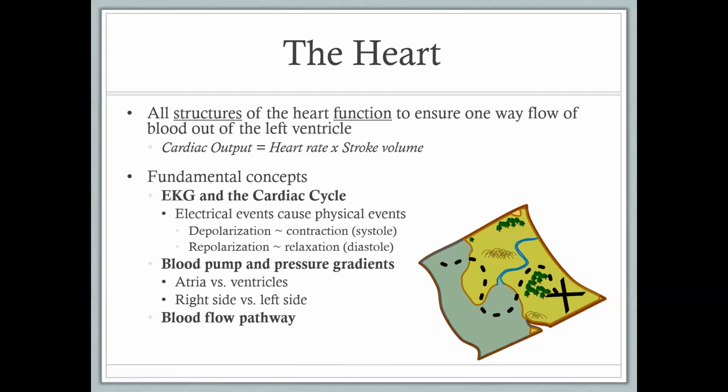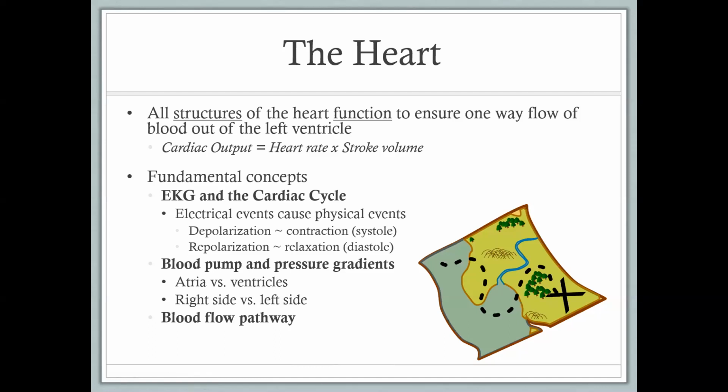Heart rate is a frequency, stroke volume obviously is a volume, it is an amount. So cardiac output is an amount per unit time. Specifically, cardiac output is the volume of blood, measured in either liters or milliliters, the heart pumps in 1 minute. So when you do heart rate times stroke volume, you get a measurement called cardiac output.